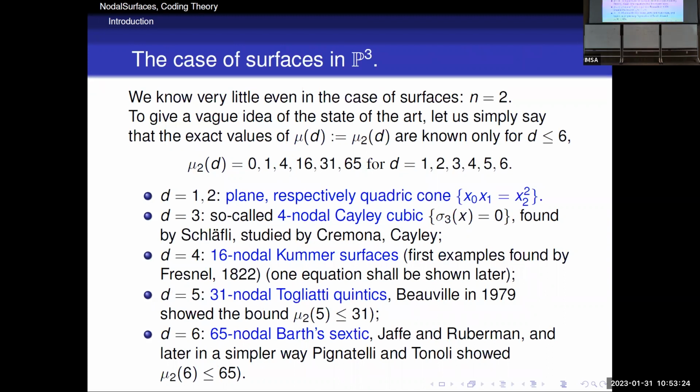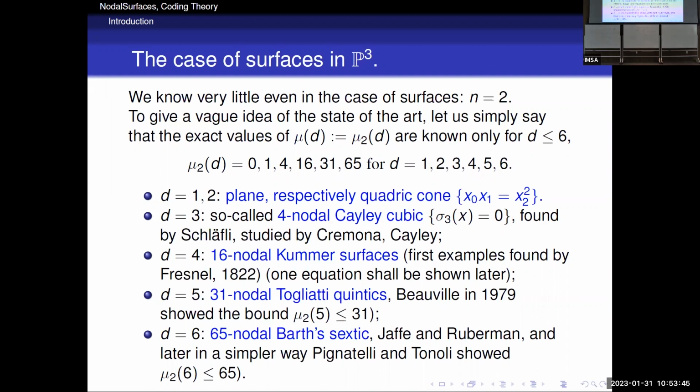Well, we know something for surfaces, as I said, in low degree. For surfaces in P3, at least we know mu of d. So for a plane, of course, smooth; quadric.